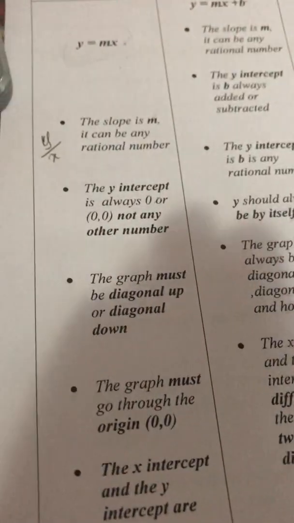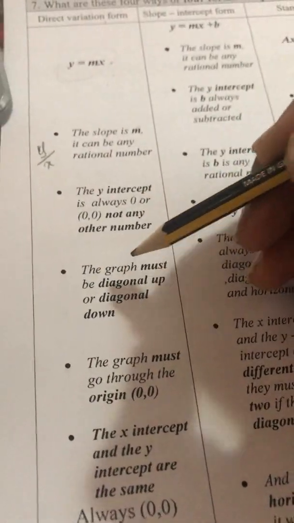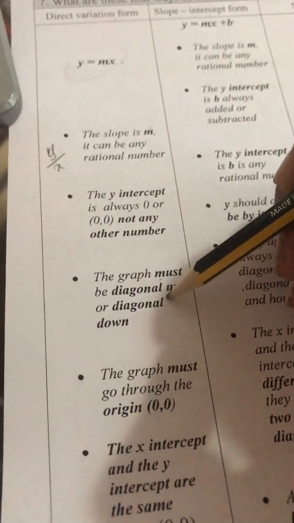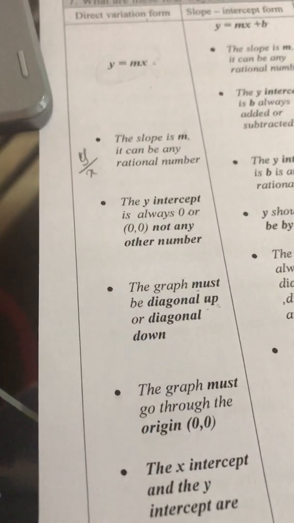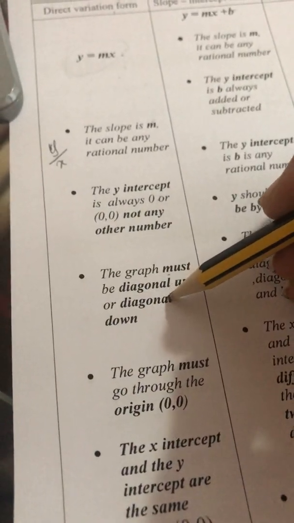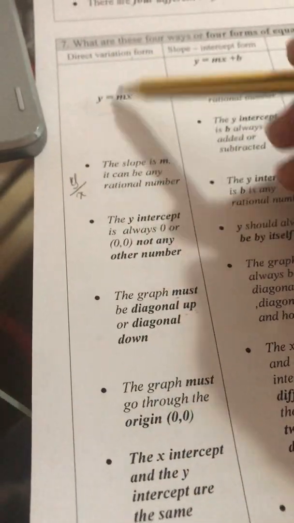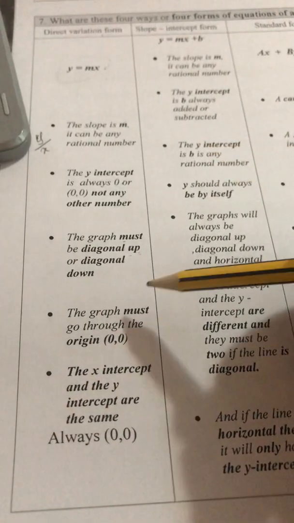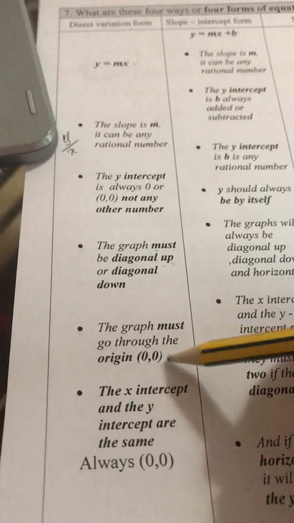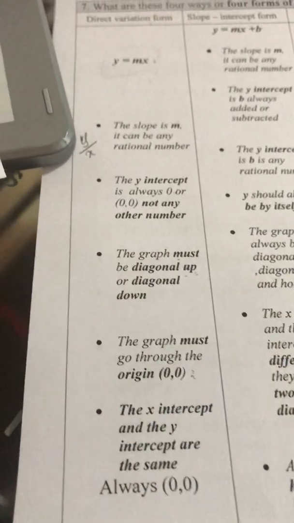Not any other number. The graph must be diagonal up or diagonal down. You cannot use vertical or horizontal in direct variation. The graph must go through 0, 0. It must.